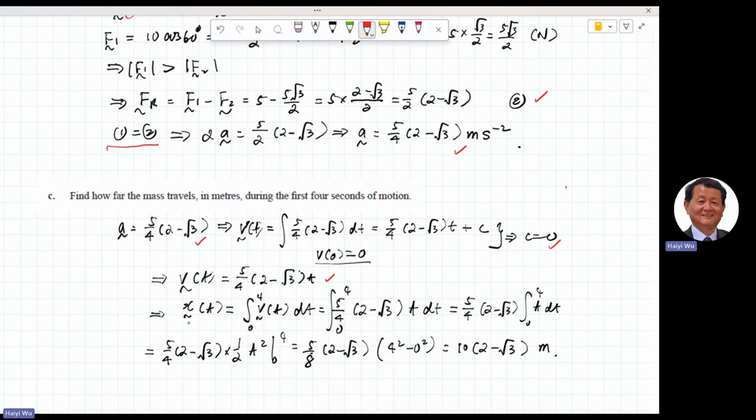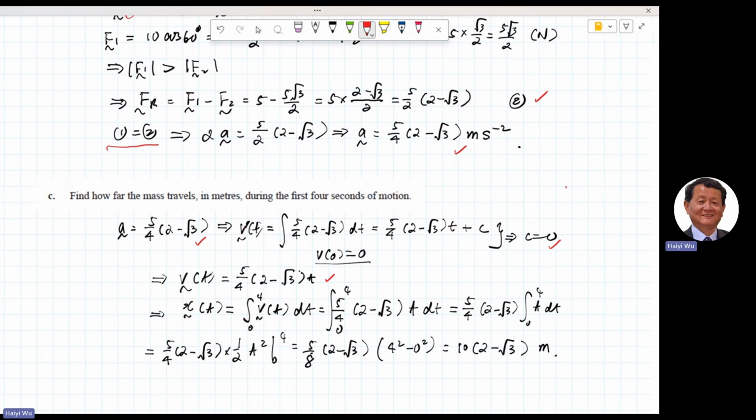Now we find the distance, the displacement, x(t). We integrate the velocity from 0 to 4, the first 4 seconds.